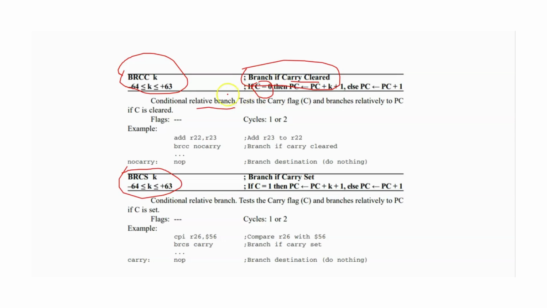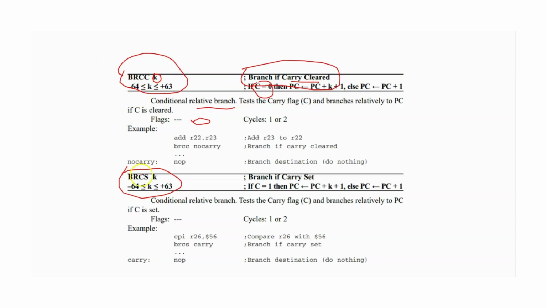So there are two possibilities when it comes across BRCC: either the control will jump to some other location, or it will just execute the next instruction in the sequence. If the carry flag bit is 0, it will jump to the label which is put here, and if the carry flag is 1 or set, there will be no jump, so it will execute the next instruction.